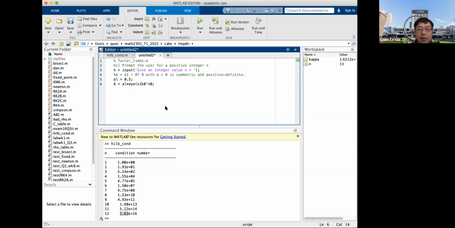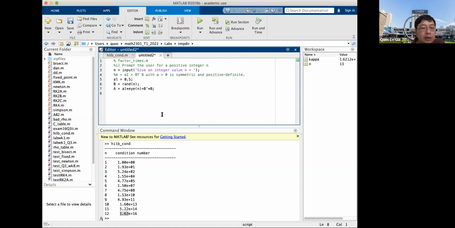So the matrix B is to be a random matrix of size n. Okay, and this matrix is positive definite. We will study it; this is just a theorem from linear algebra. The matrix B transpose B is positive semidefinite, and if you make the diagonal bigger, then it will be symmetric positive definite.